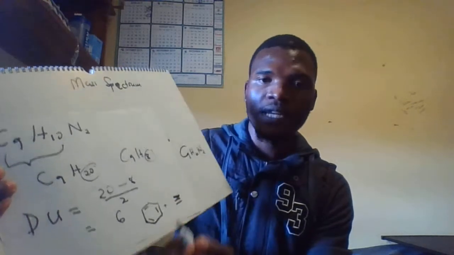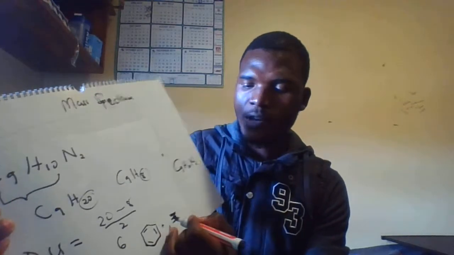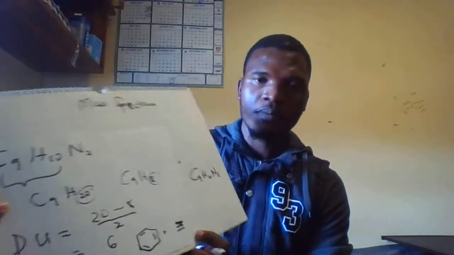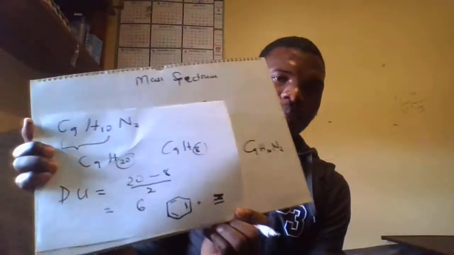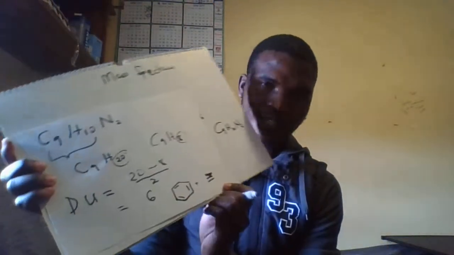This is one possibility that we want to look at. This is how you interpret this information, and by so doing you are done using the information of the mass spec.